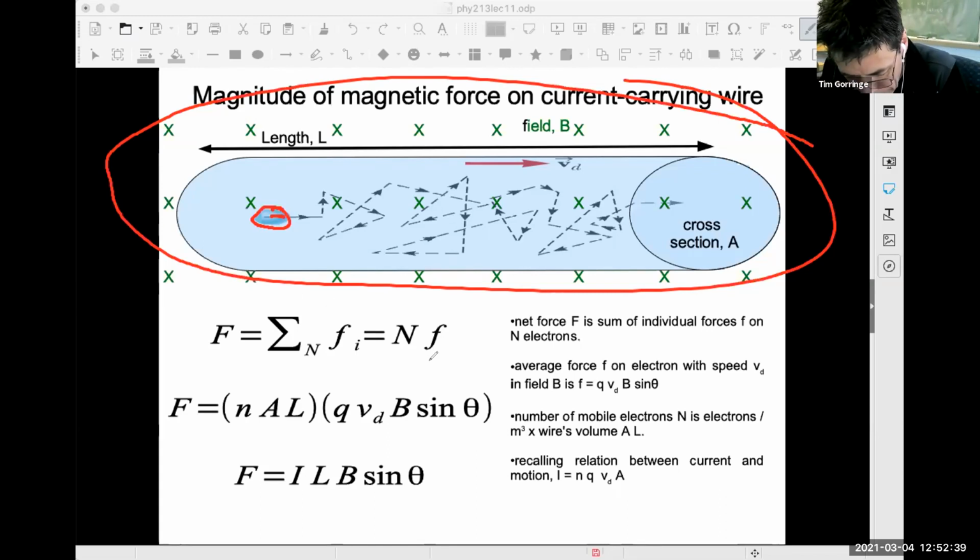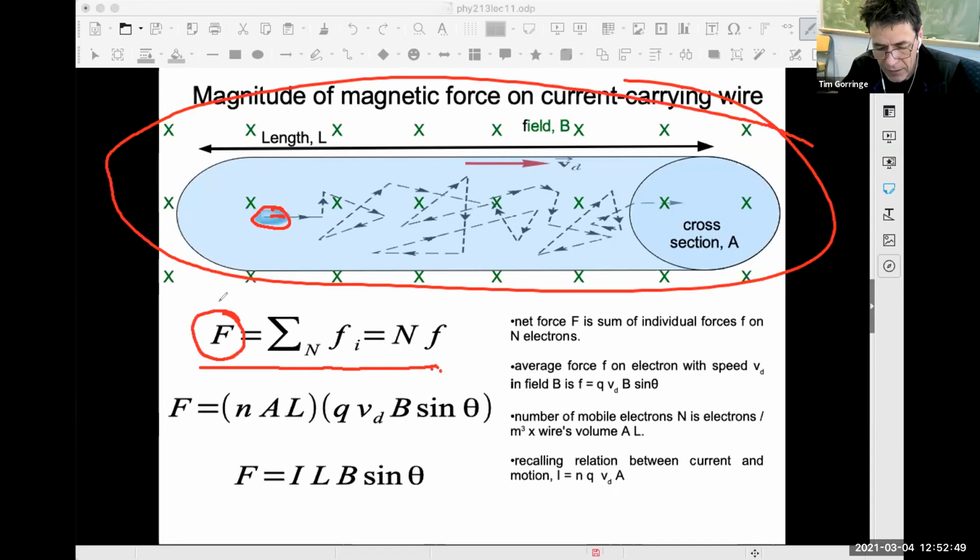So here's perhaps the key point in this equation. The total force on the wire, that's the capital F on the left-hand side, the number of newtons of magnetic force on the wire, is going to be equal to the sum of all the little forces, little f_i, on all the individual electrons.